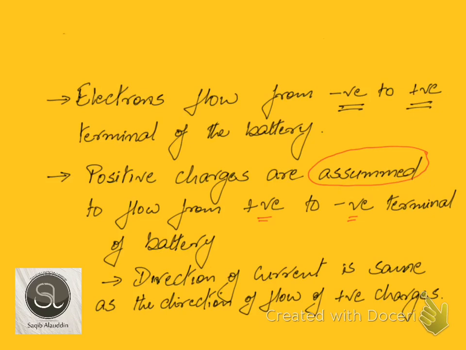So in reality, protons actually do not move. It's the electrons which move from the negative terminal of the battery towards the positive terminal. But in electricity, we assume that the same amount of positive charge is flowing from the positive to the negative terminal. And remember, the direction of current is same as the direction of flow of the positive charges.